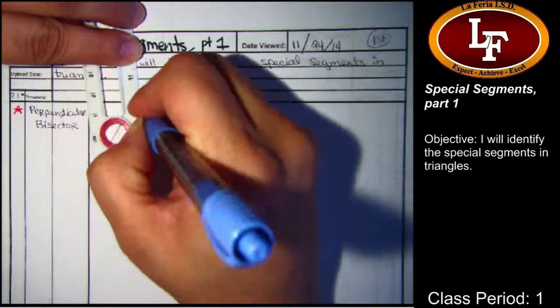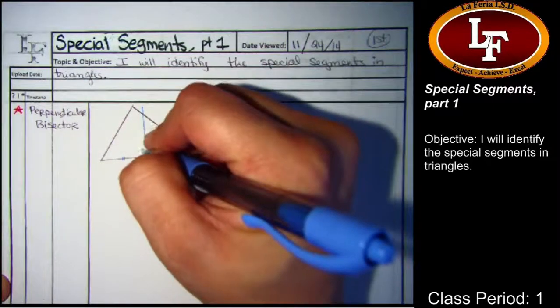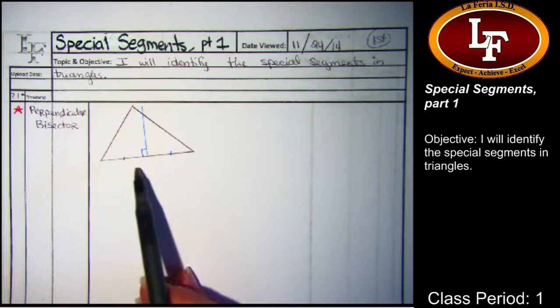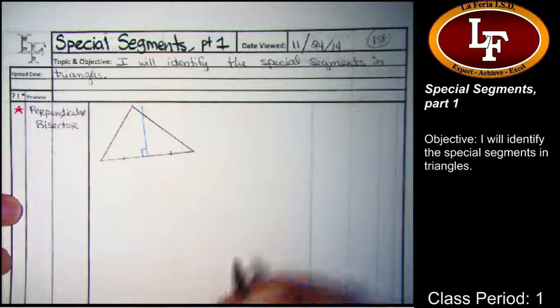It doesn't necessarily connect to the angle over here. We don't really care. All we care is that it forms a right angle to one of the sides and cuts it into two equal parts.